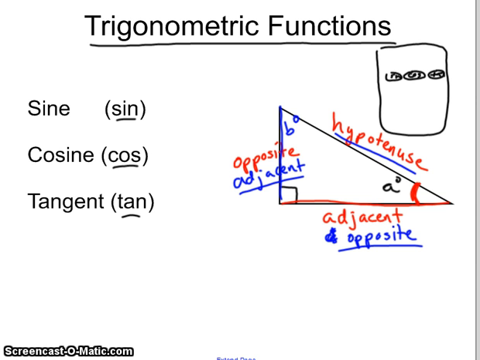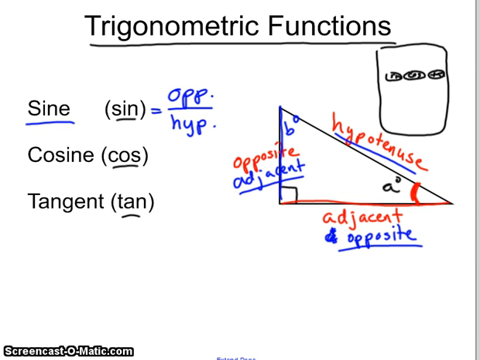As far as that goes, there are specific relationships in accordance with each trig function. When we use sine, we refer to the opposite leg over the hypotenuse.